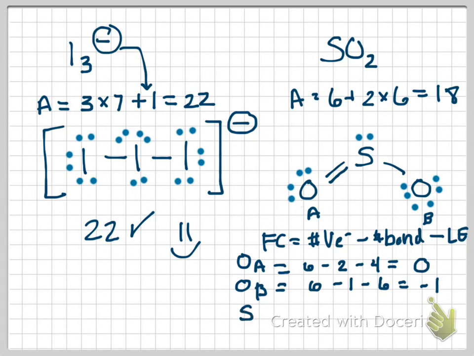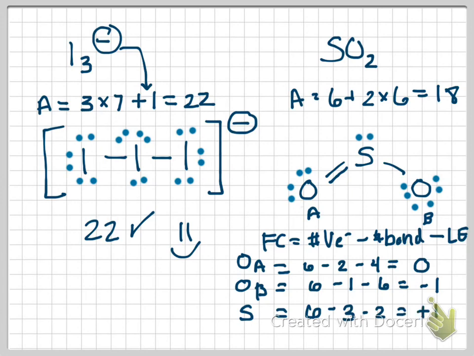And then we can look at sulfur. Sulfur also has 6 valence. In this picture, as I have it drawn, it has 3 bonds, 2 lone pairs, and it has a +1 formal charge.